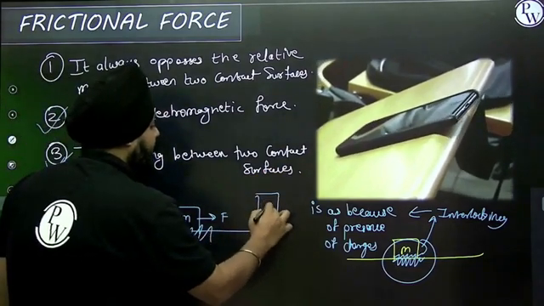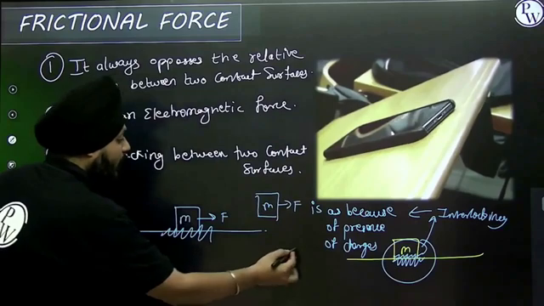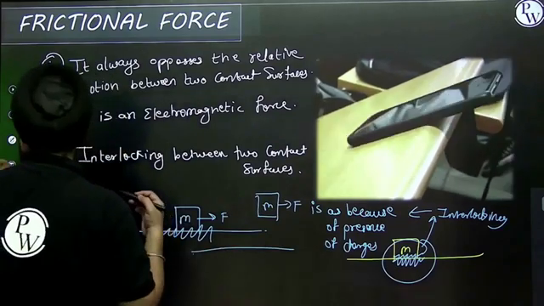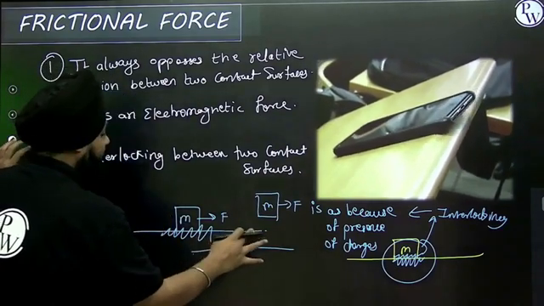Suppose this is M, and this is a surface. Now suppose you want to oppose the relative motion between these two.